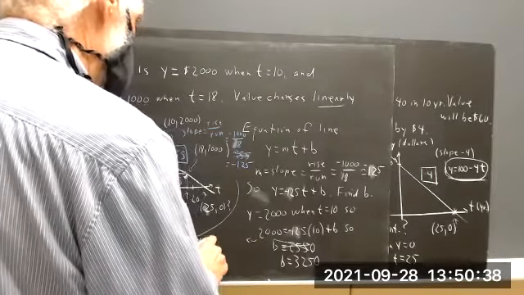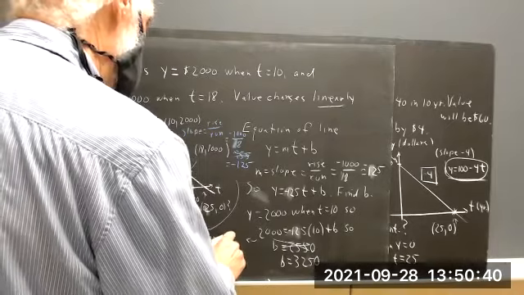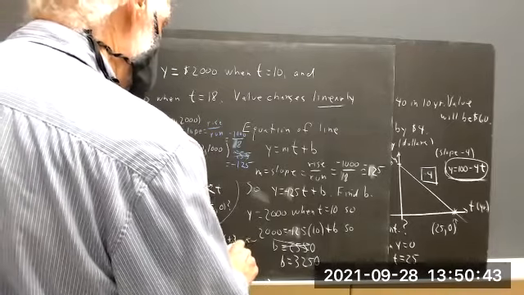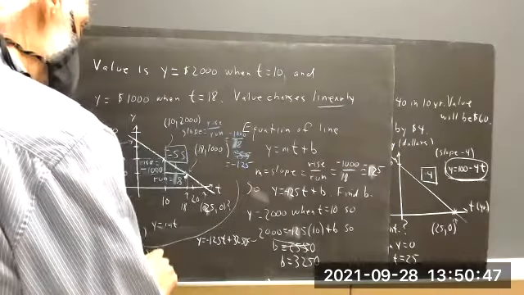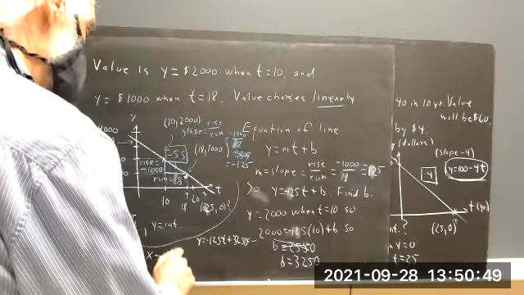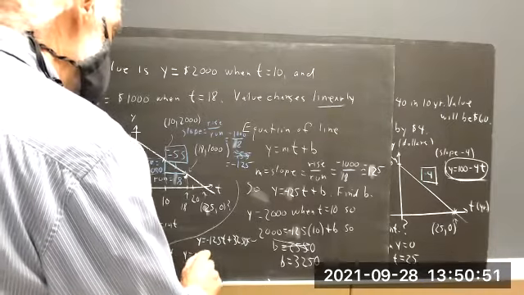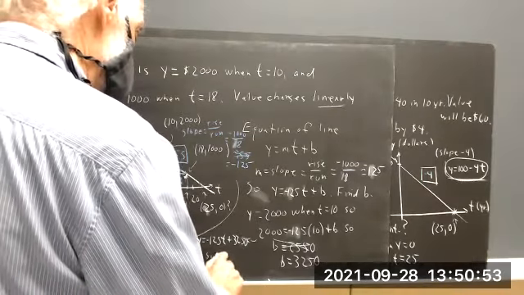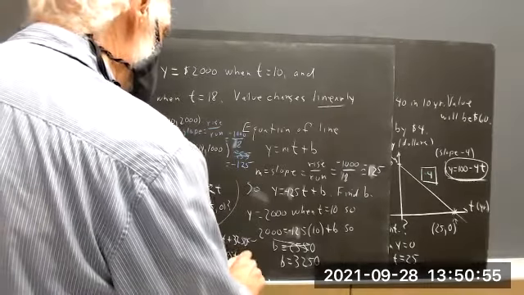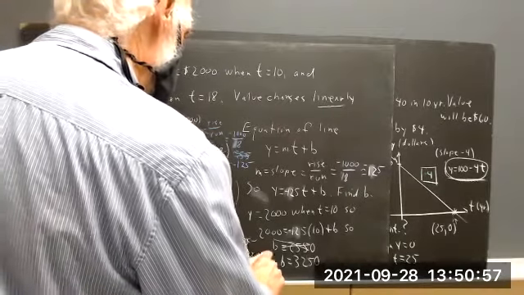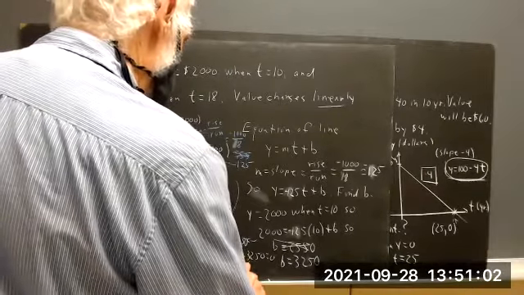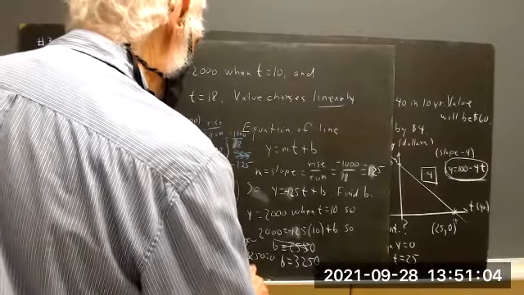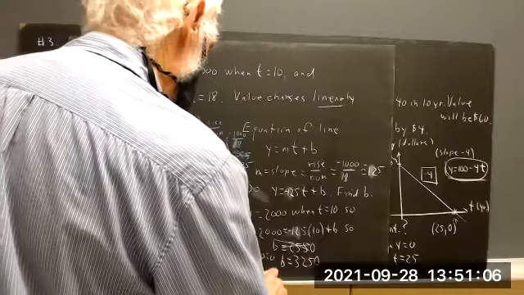Now we know y is negative 125 t plus 3250. The x-intercept: negative 125 t plus 3250 equals 0, so t equals 3250 over 125.